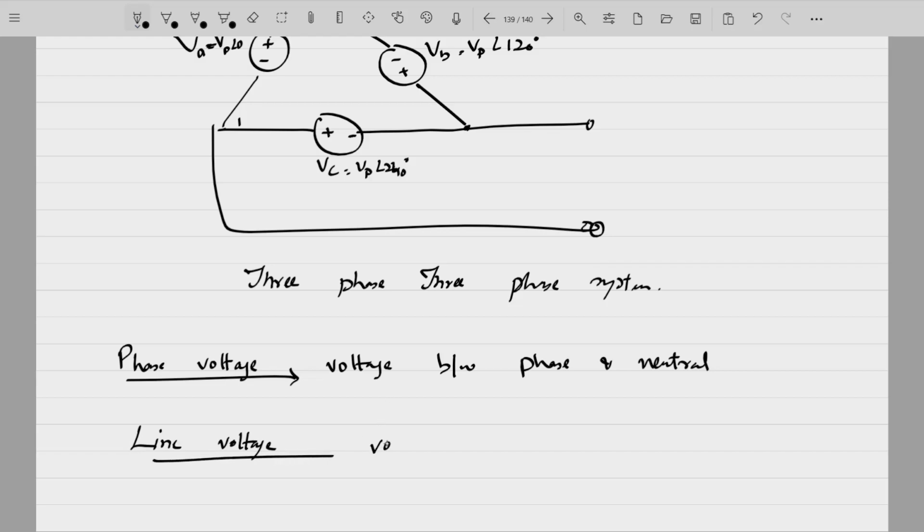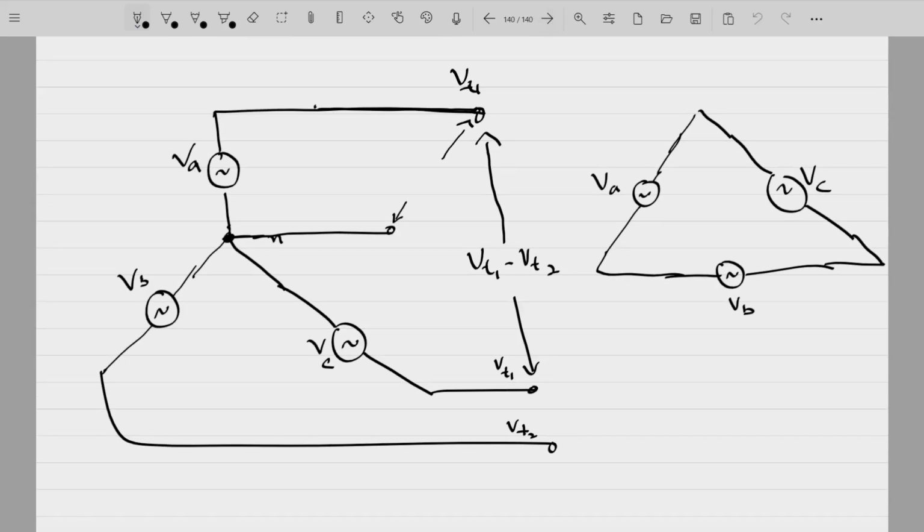So it is the voltage between phase and phase. So you have two phases, and the voltage between those two phases, the terminals I am talking about here, is known as the line voltage. We have two terminologies here, phase voltage and line voltage.